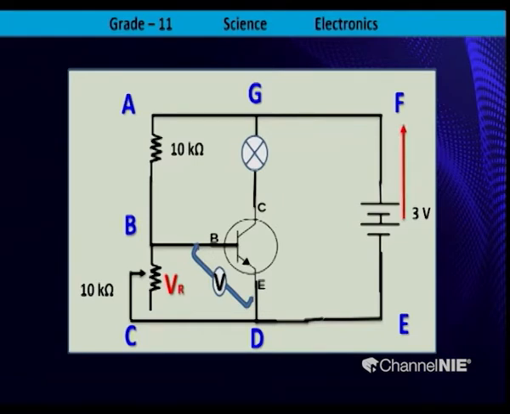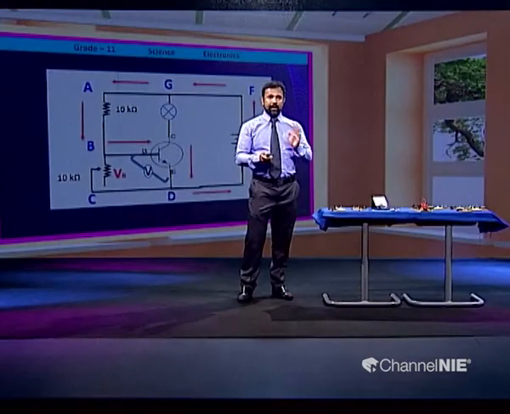Current passes from the dry cell to F, F to G, G to A, A to B, to the base through the transistor. Here current does not pass through the C. Current passes towards the transistor as the base current, from the transistor to the emitter D, D to E, E to the dry cell.